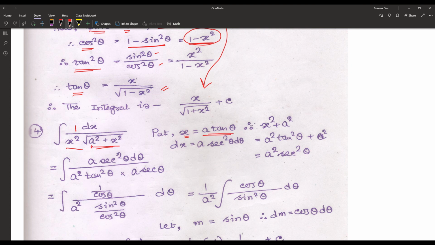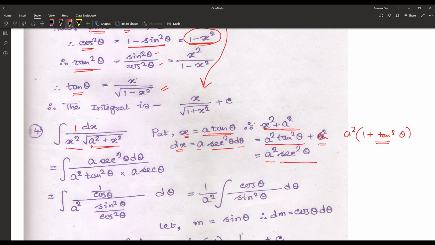So we find that dx is equal to a sec square theta d theta. Hence x square plus a square means a square tan square theta plus a square, which is a square (1 plus tan square theta), and that is equal to a square sec square theta.